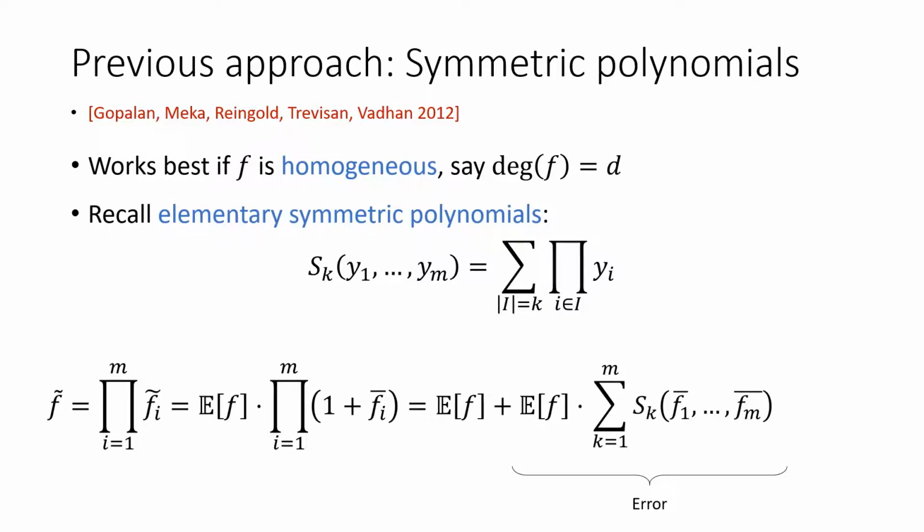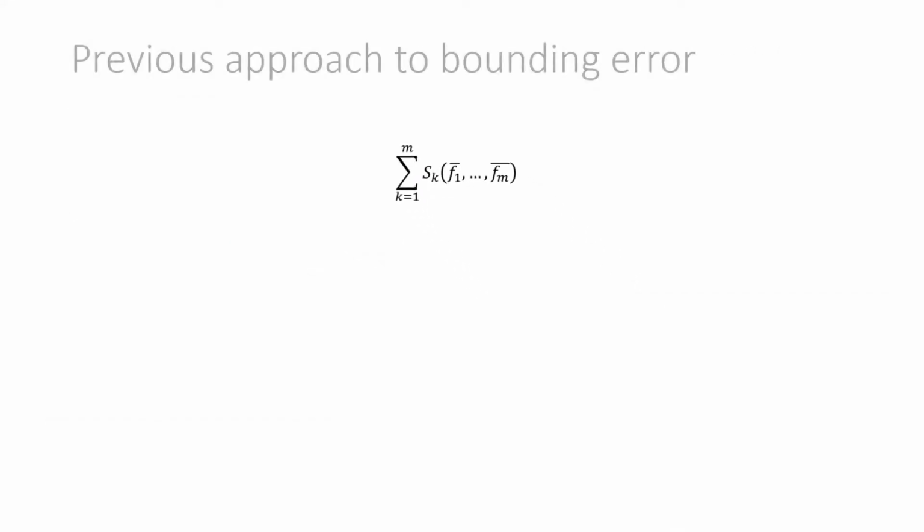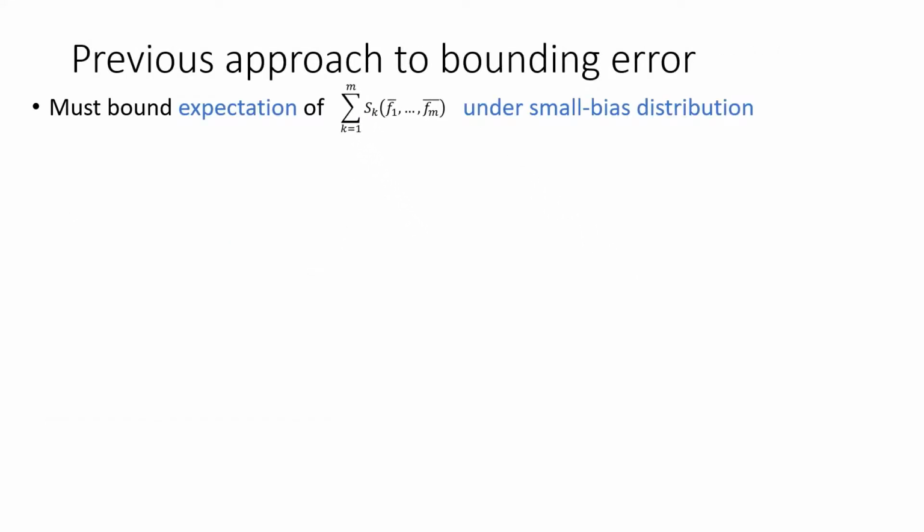And remember, fi bar captures the deviation of the ith term's bias function from its expectation. To prove our theorem, we should show that this error term has a near zero expectation under the small bias distribution. Here's how prior work has attacked this problem.